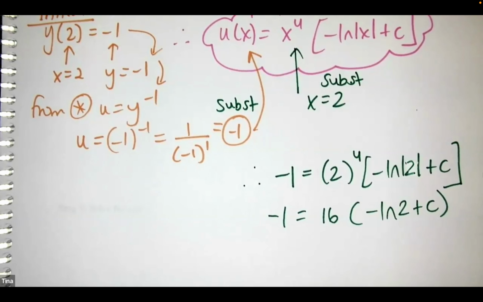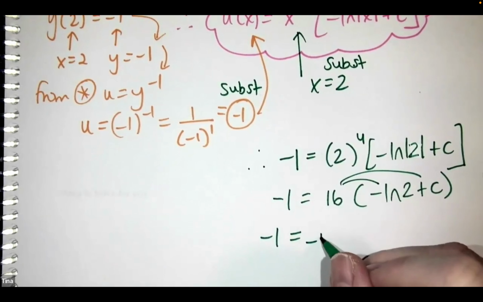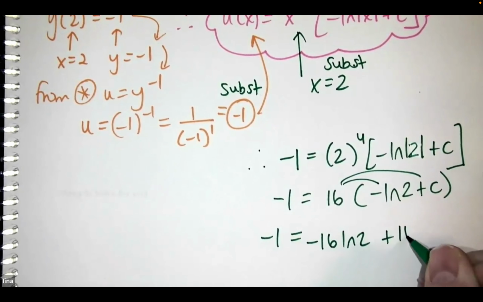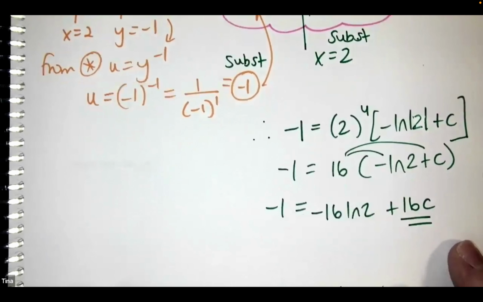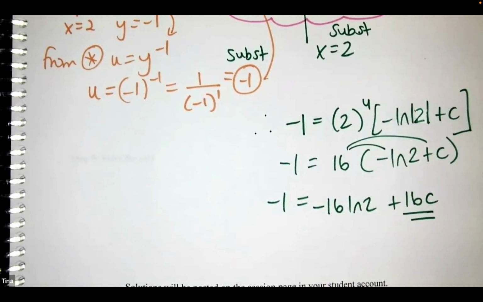Okay, so now we need to know what c is. So maybe you want to multiply this out. There are different ways to do it, so it's kind of up to you. But if I solve this for c, I just bring that over and divide by 16.